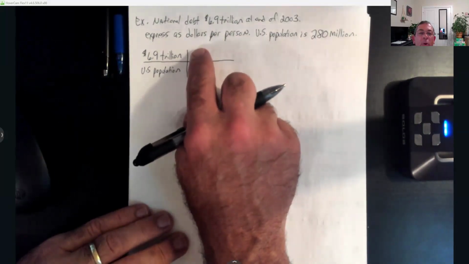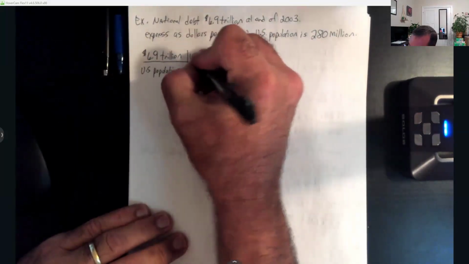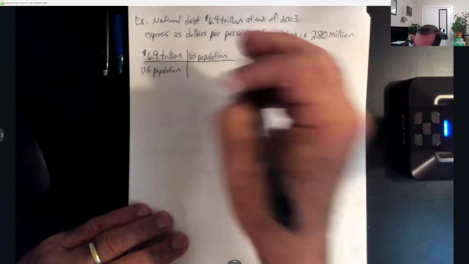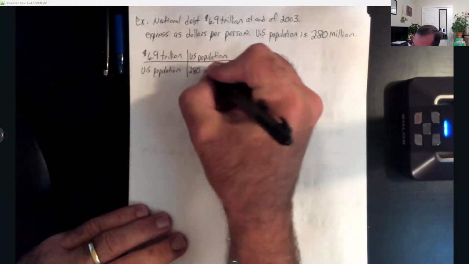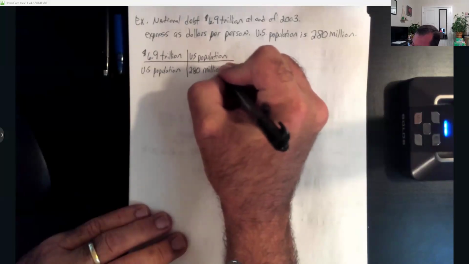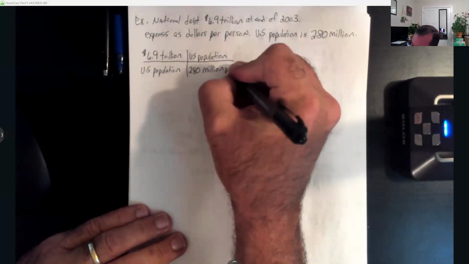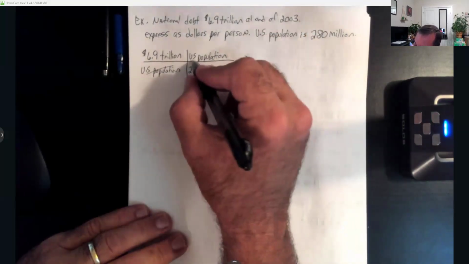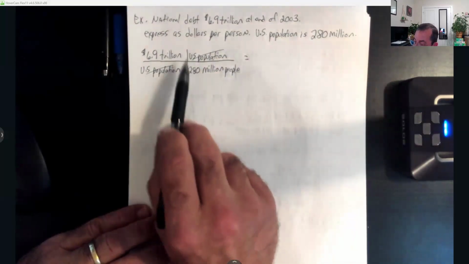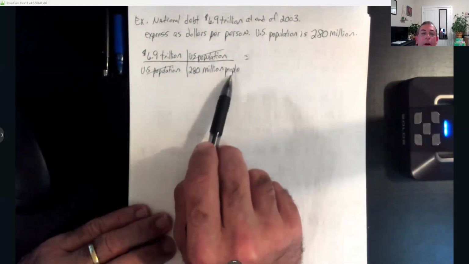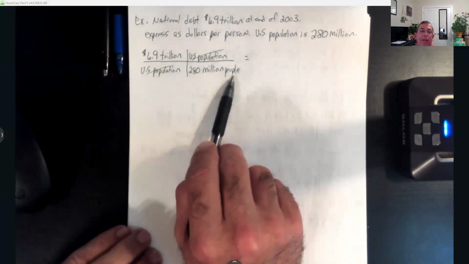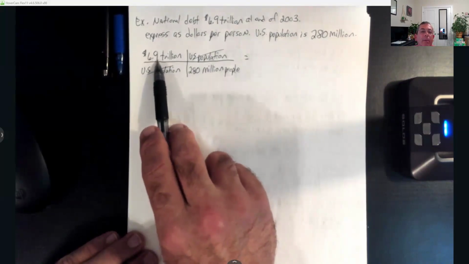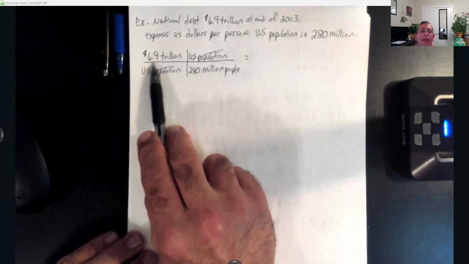So we know that the US population here is equal to 280 million people. So look what's going to happen. The US population cancels, and we're with money per person. Okay. So let's multiply this thing out.